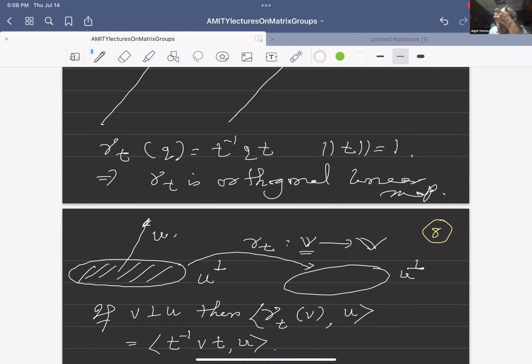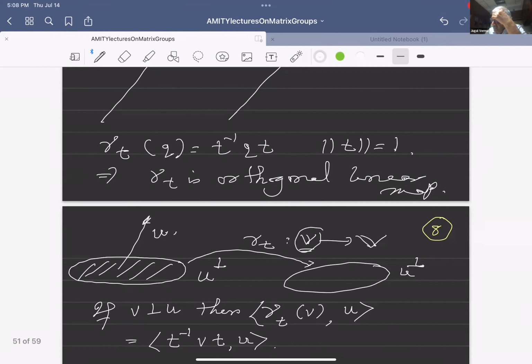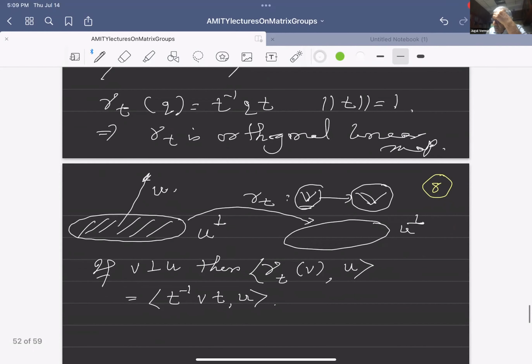Now you see u and gamma t V are both imaginary quaternions, because gamma t is a map from V to V, and V is the space of imaginary quaternions. When I test whether gamma t V is also perpendicular to U, yes, it is.